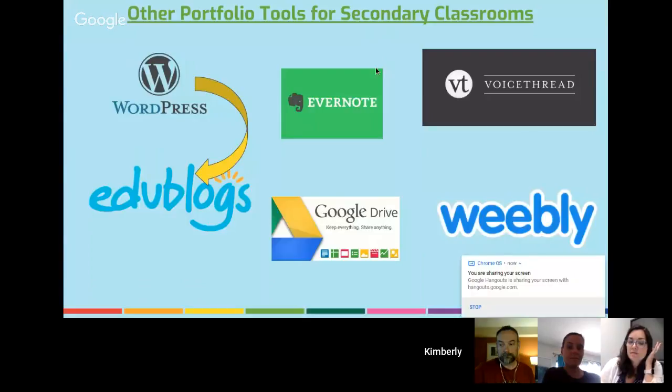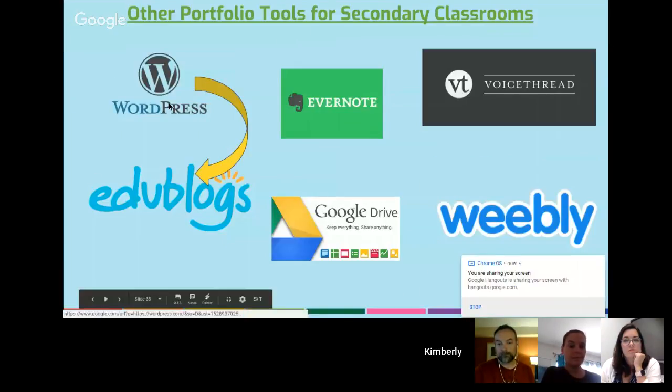So in case you're not feeling like Google Sites are the place to start, although, like I said, the functionality is just so very easy, especially if you're using other Google products, you could also check out these. I've used all of these for different reasons with different classes over the past few years. But WordPress and its sister offshoot, Edublogs, is strictly if you really want to take a look at blogging and journaling.